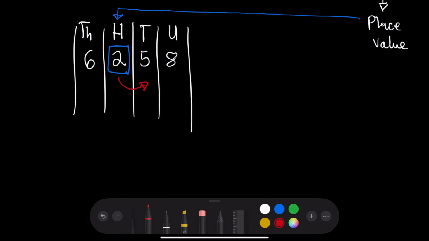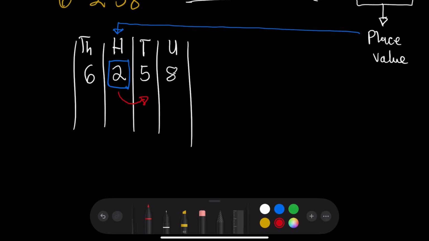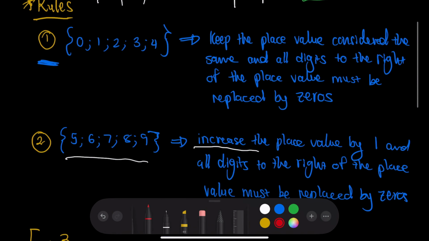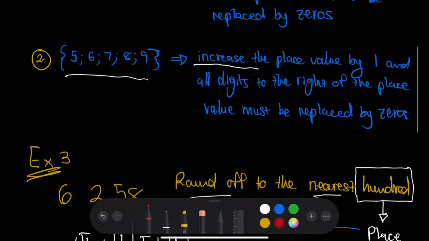And I have to ask myself, is this digit between 0, 1, 2, 3, 4, or is it between 5, 6, 7, 8, 9?